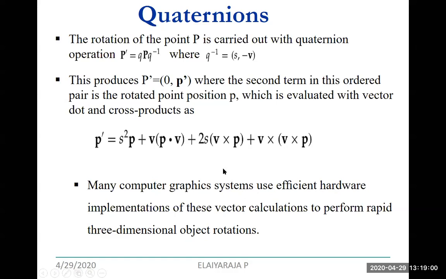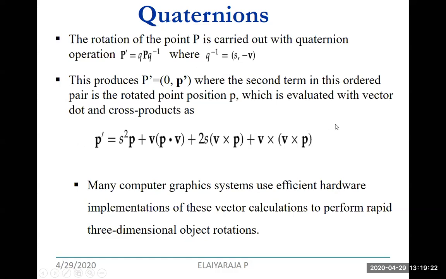When you rewrite the second term in this ordered pair, it is the rotated point position p dash, evaluated with the vector dot product as well as the cross product.